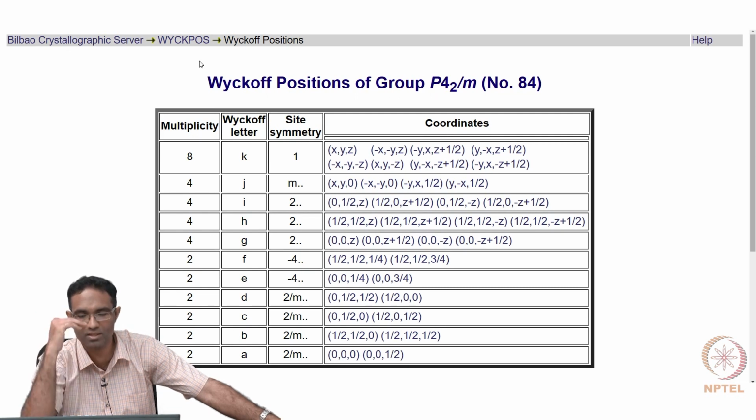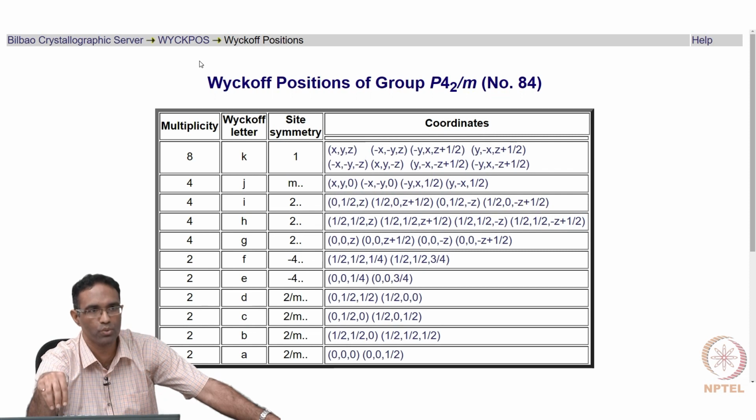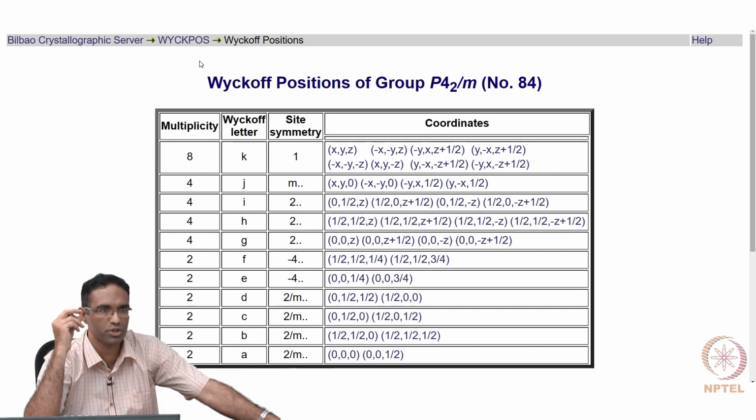It lies on z equal to half. Once the point starts lying on a symmetry element, the number of additional points that get generated by applying all symmetry elements appropriate for the space group P42 over M will be lower than what you get for a point that is not lying on a symmetry element, like a general position.